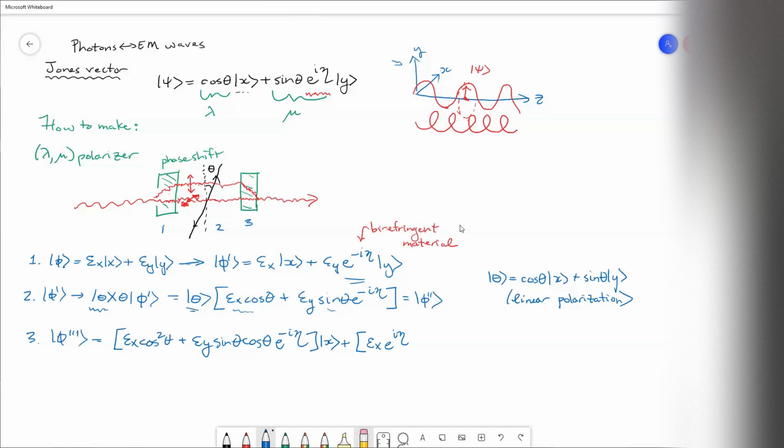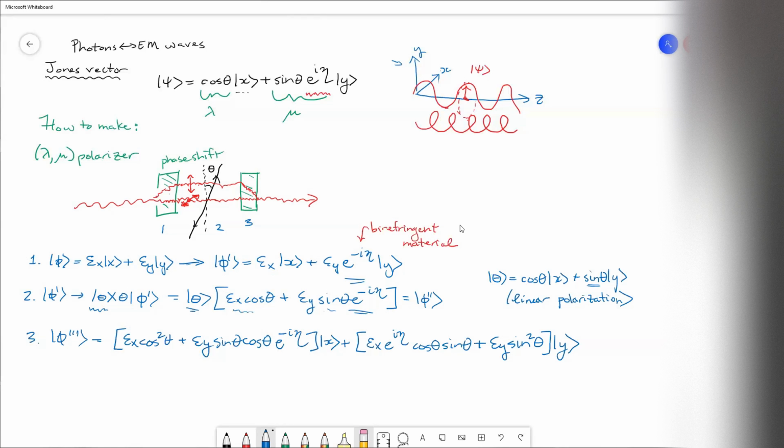You're projecting onto the y direction, so there's a sine instead of a cosine, so you get cosine theta sine theta, and then EY sine squared theta, Y. And the two exponentials cancel, right? The phase shift in the Y piece cancels out because e to the minus I eta multiplied by e to the plus I eta.